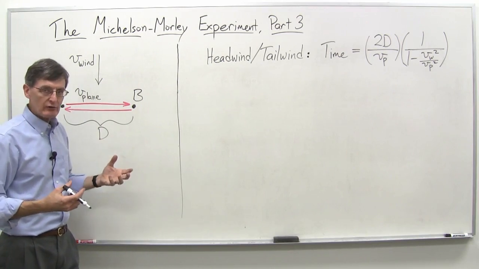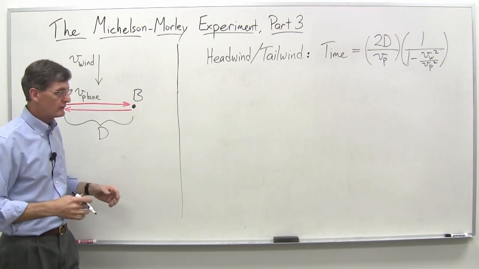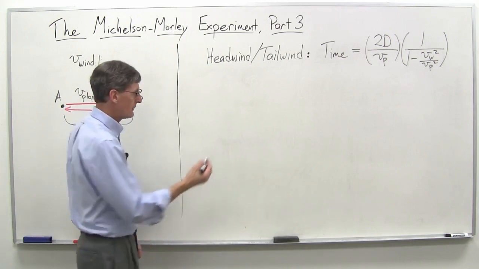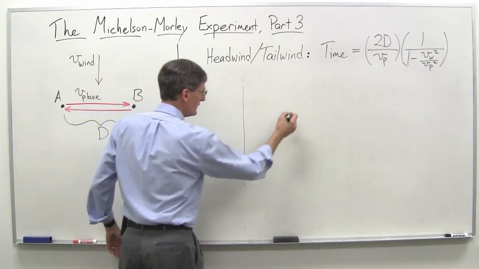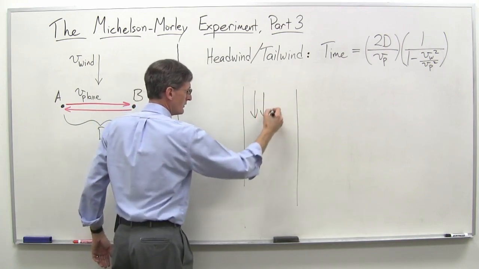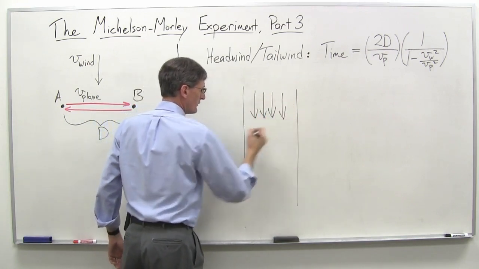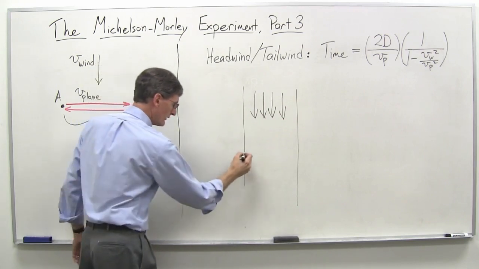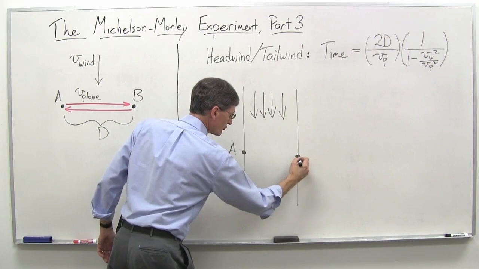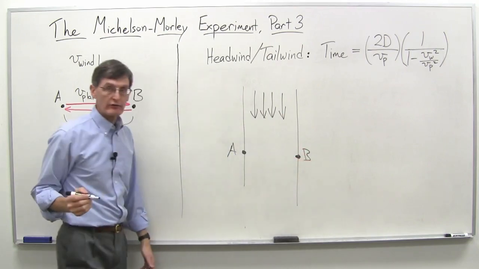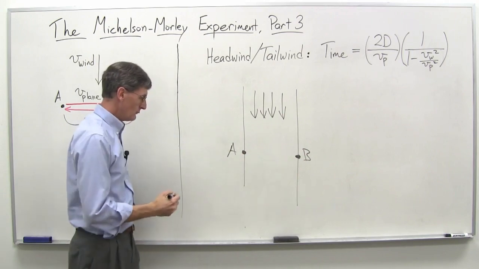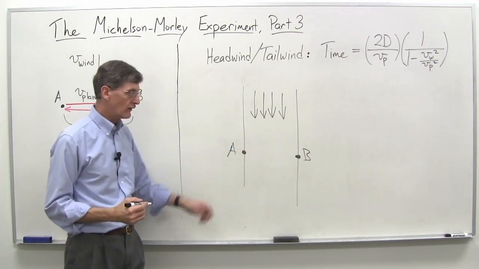What's the analogy we want to use here, just for a more intuitive idea of this? And that is, think about swimming across a river. Okay, so here is the river. There's the current flowing in the river, and let's say I'm at point A here, and I want to swim directly across to point B, and we'll say there's a distance d from A to B directly across.